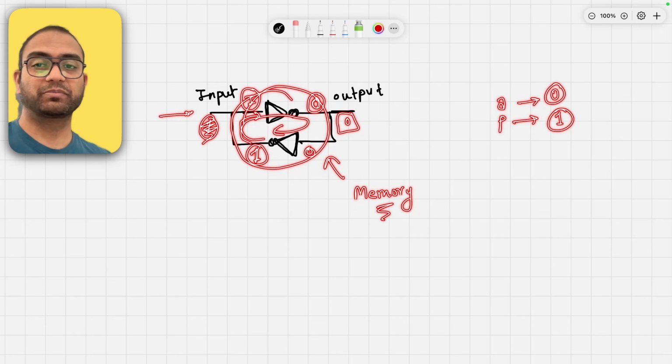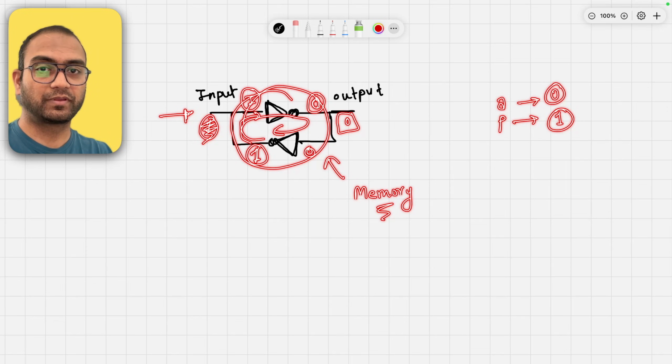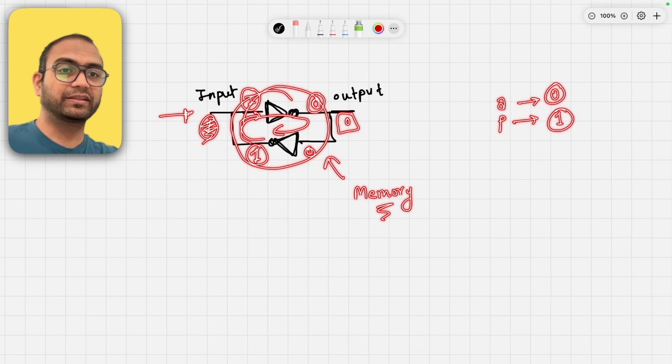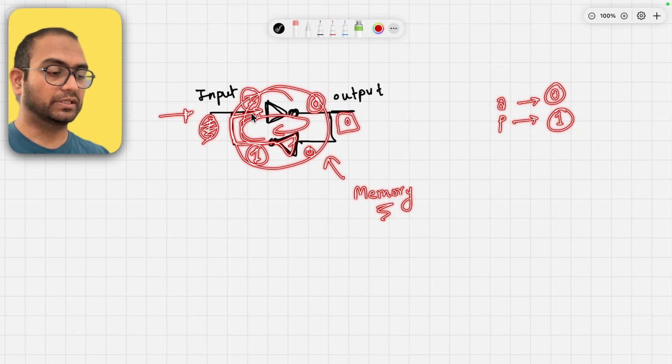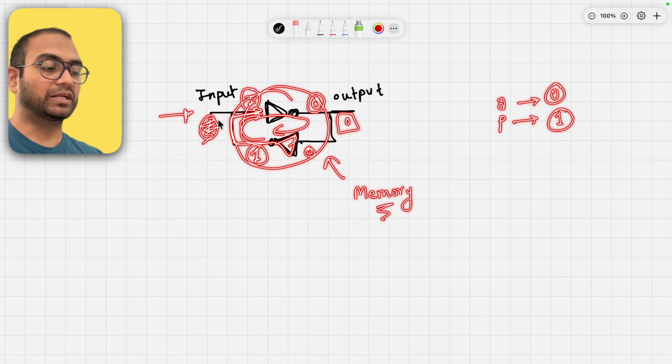Why does it have memory? Because it remembers. Even if you took the input away, you did not make the input 0, and you did not retain the input at 1. You just let the input be whatever the second NOT gate is feeding. And in this case, it remembers that the initial input you gave it was 1.